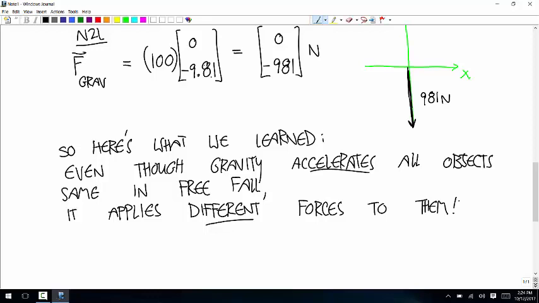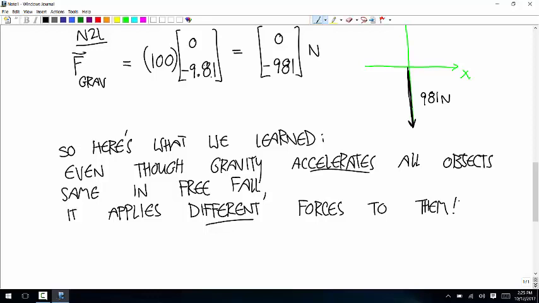they accelerate the same, but it takes a lot more to make a more massive thing accelerate that same amount. You can't pull on it with the same force and expect it to accelerate the same. It's more resistant to acceleration.